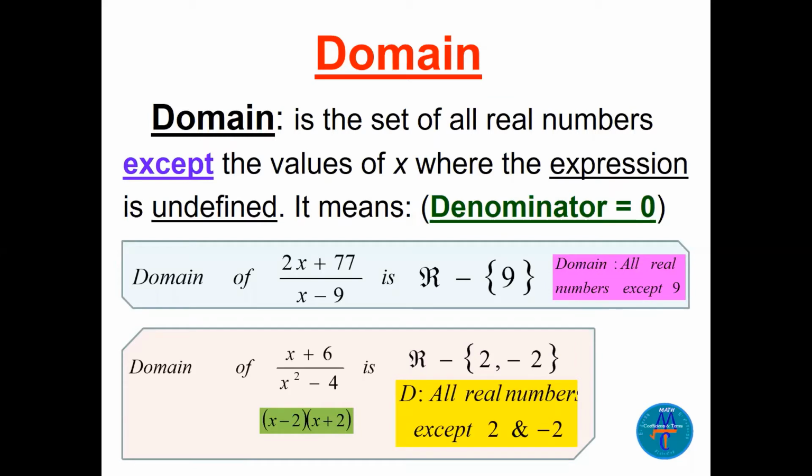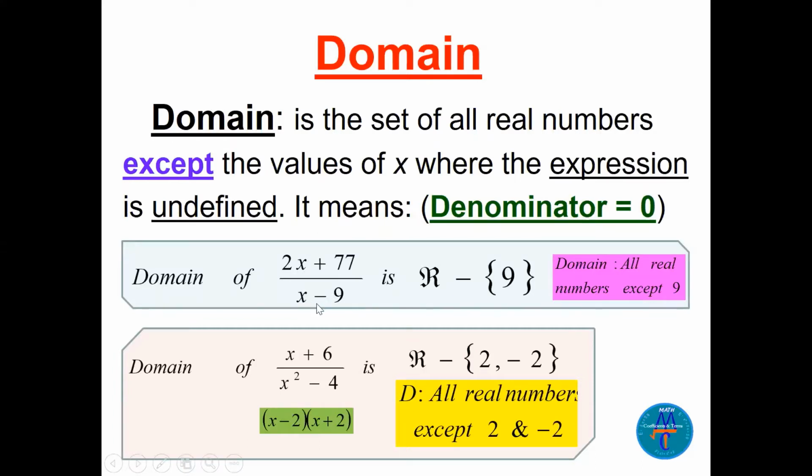2x plus 77 divided by x minus 9. That's a rational expression. I can replace here any x I need except some values. So I can put x equals 0, I can put x equals 3, x equals 1, x equals 100, x equals minus 17. Now, if I put x equals 9, I will have 0 in the denominator.